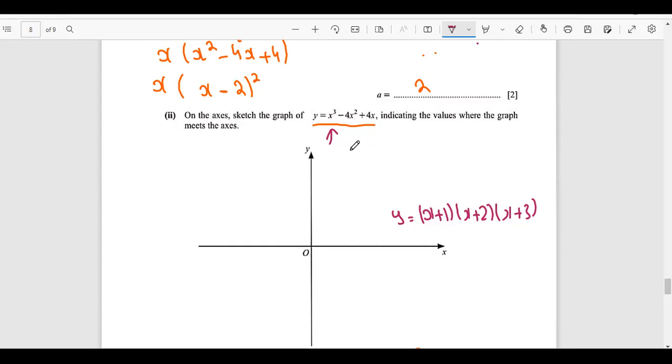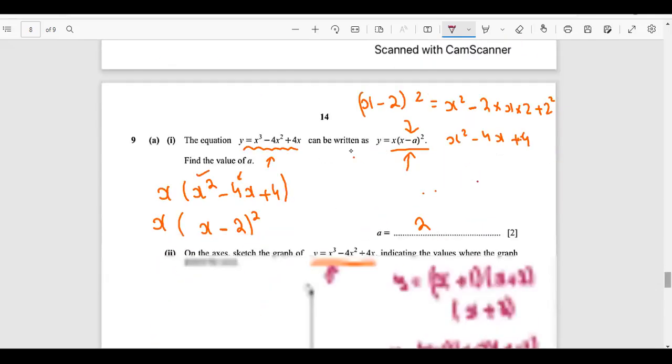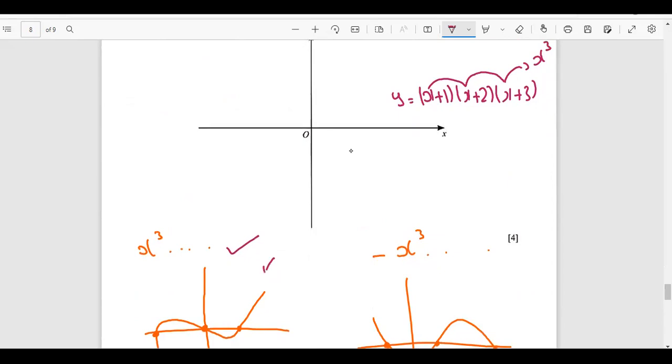So basically, we know that for making this graph, x into x would basically give us x cubed. So the shape would be this one again. And for the intercept points, we need to plug in 0 for y, and that would give me x plus 1 equals 0, then x plus 2 equals 0, and then x plus 3 equals 0.